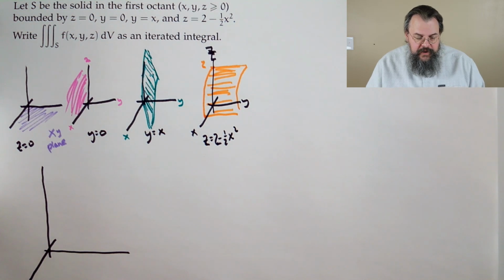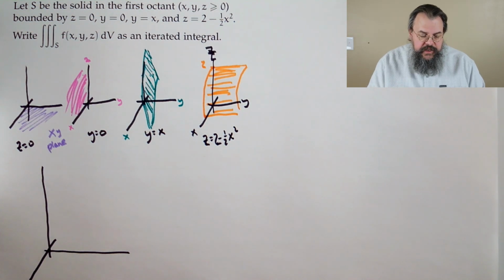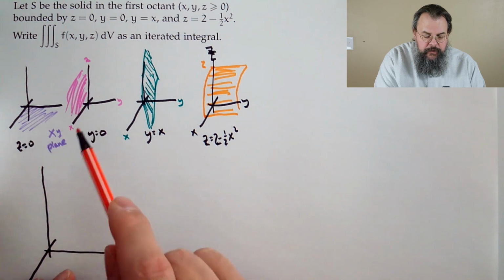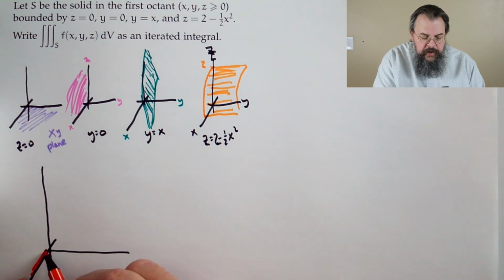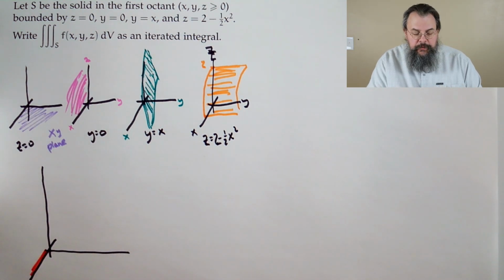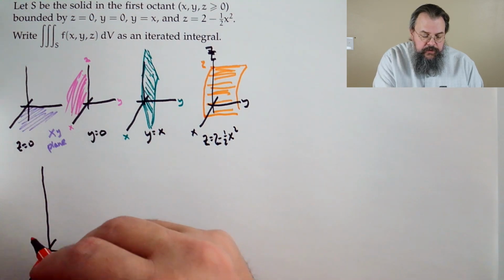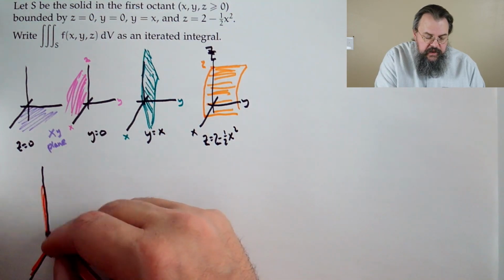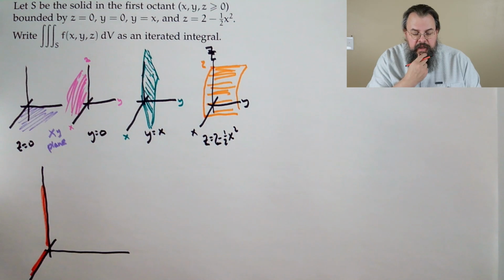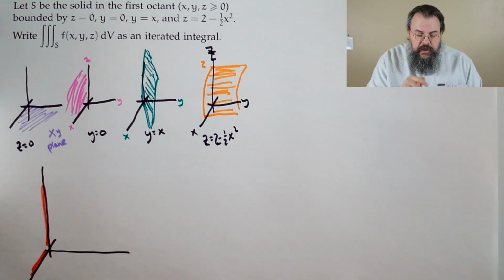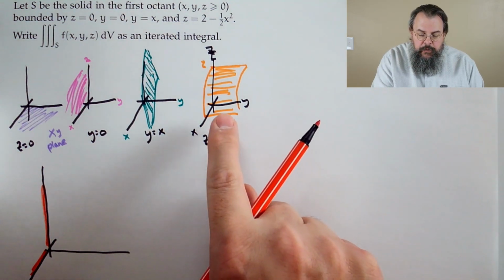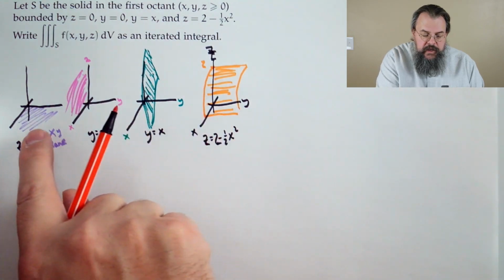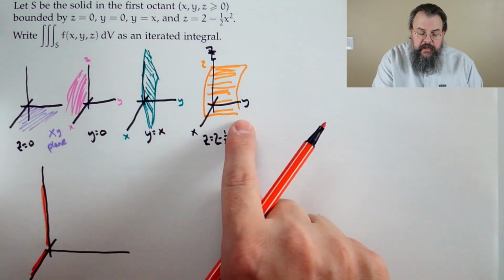Well, some things are easy to spot as intersections. So for example, z equals 0, y equals 0. Okay, that's the intersection down there. y equals 0, y equals x. Okay, there's an intersection that fits in there. And where else do we see? Oh, here. Where this comes down, it does hit the xy plane.